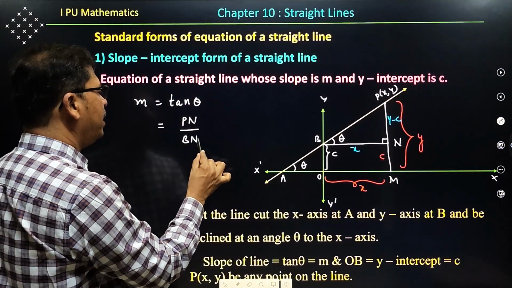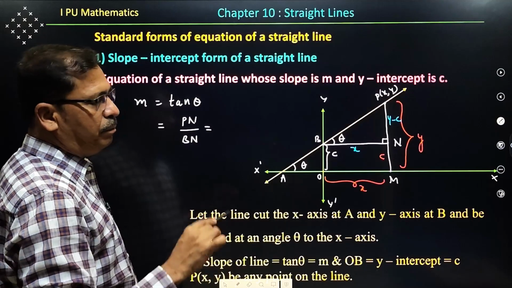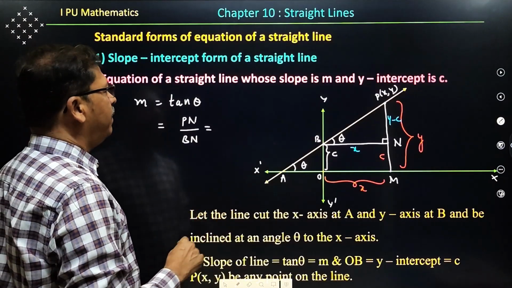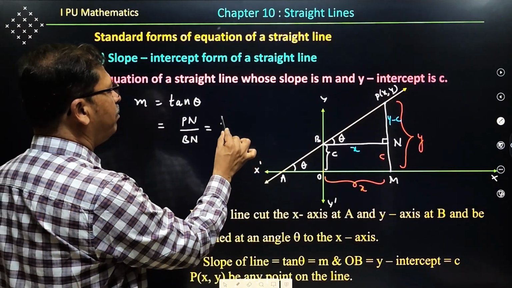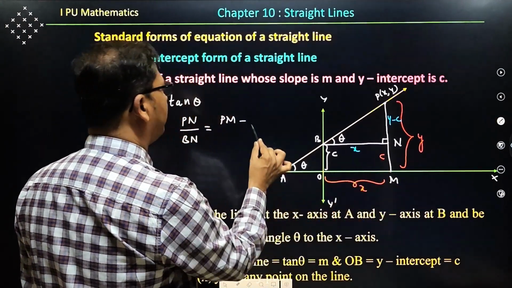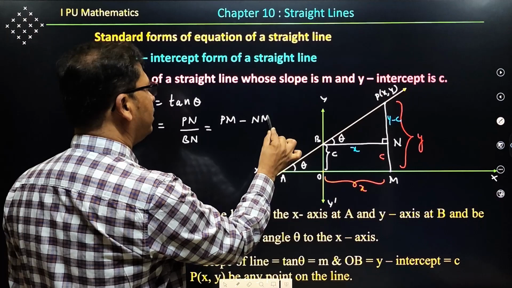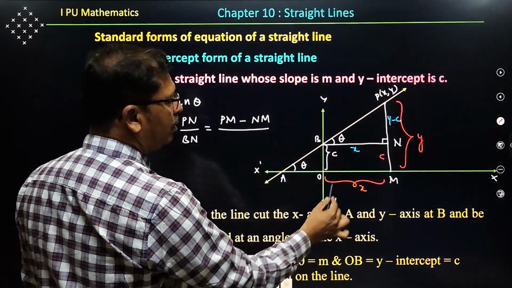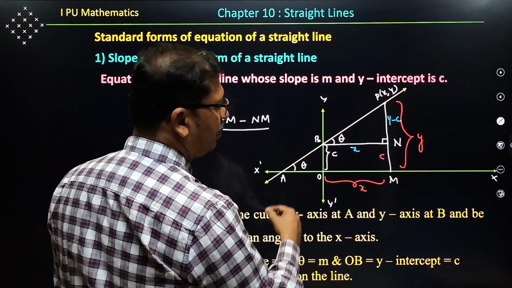Please concentrate and try to understand. PN can be written as PM length minus NM length, whole divided by BN. This BN can be replaced by OM.